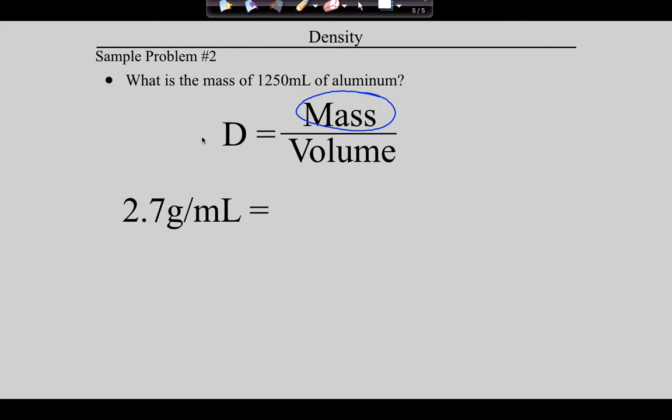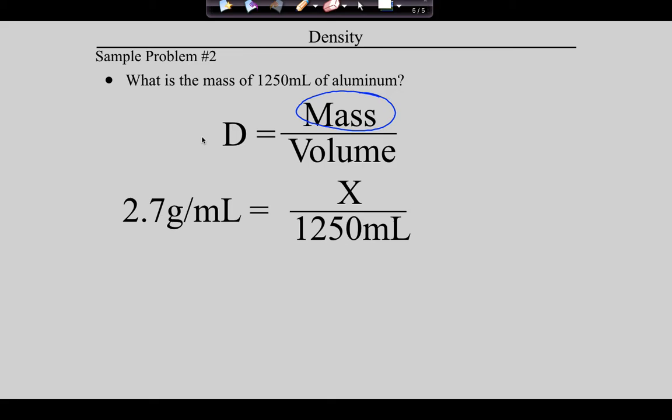Then what's the mass? We don't know, that's our X. You guys remember that magic moment in intermediate math 1 where you learned that you can replace anything with X? And you felt like a god. You're like, X. Now guys, what's the volume? 1,250 milliliters.